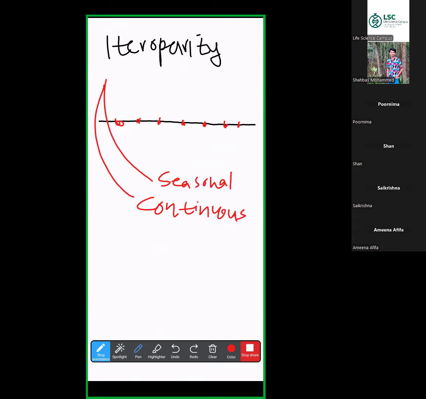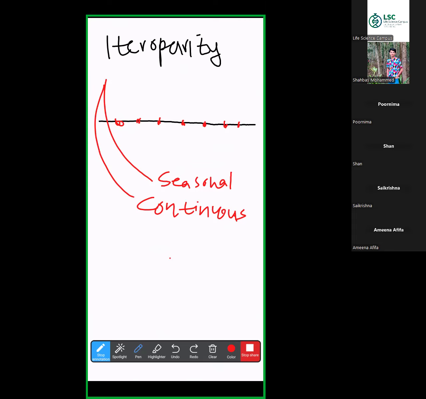Seasonal iteroparity has distinct breeding seasons. They reproduce only during that particular season. Do you know the case of birds? They reproduce only during some particular seasons of the year. So birds are an example of seasonal iteroparity.